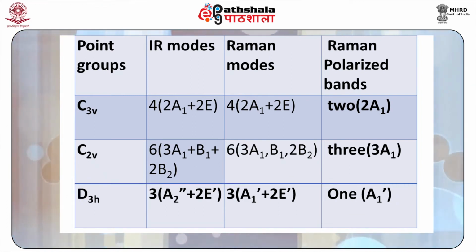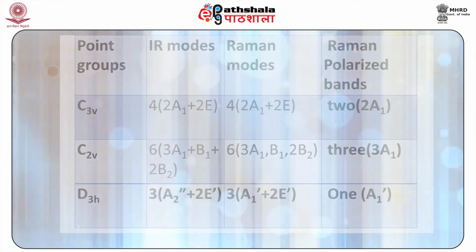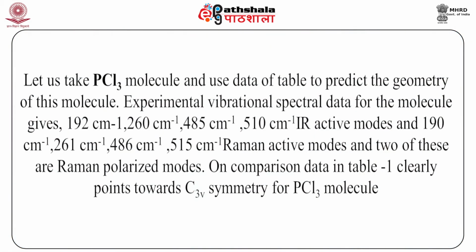So, we have this table, and if we have the data with us, we can immediately predict the geometry of the molecule. Let us take the PCl3 molecule. Using the data as given in the table, we can predict its geometry.